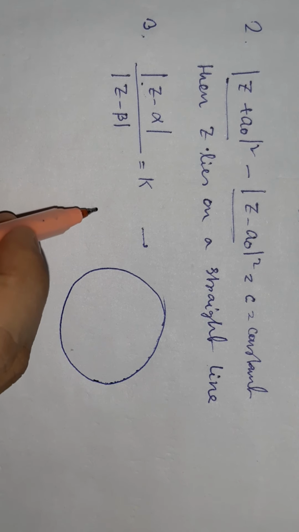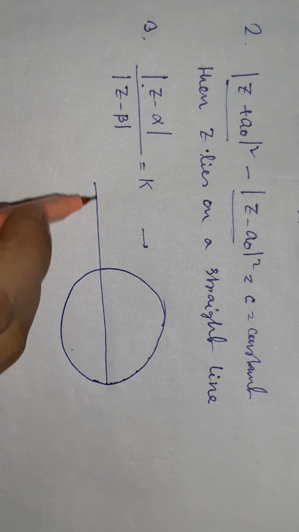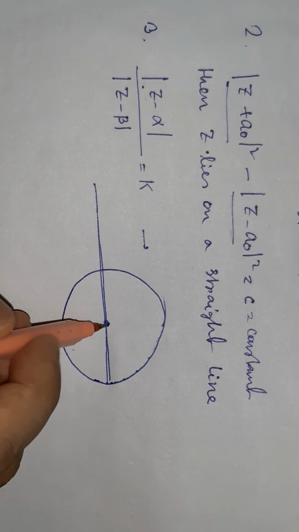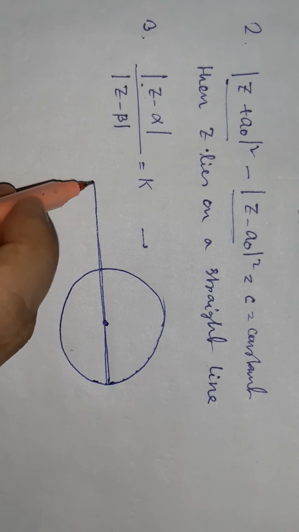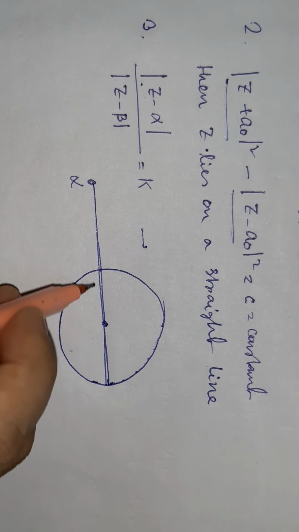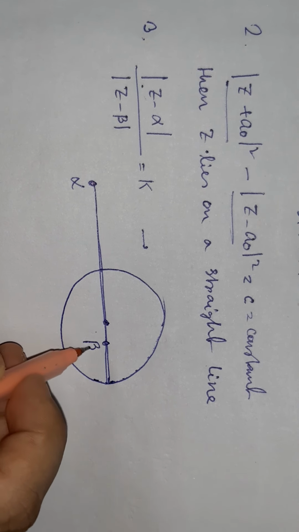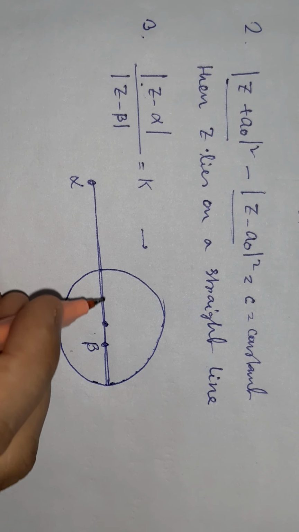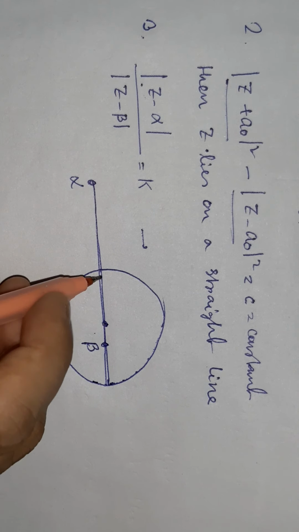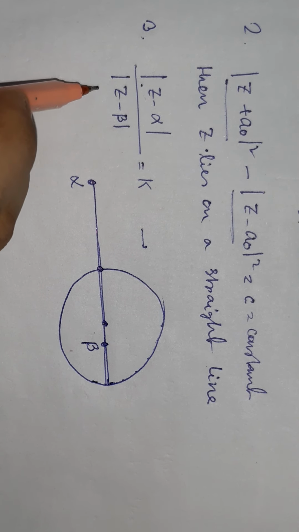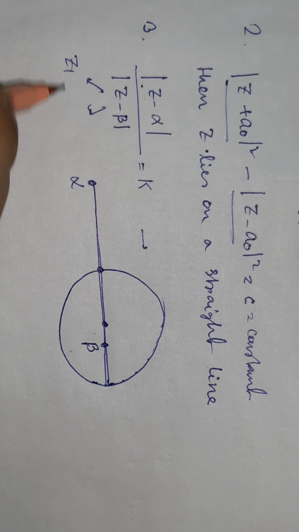Actually, take a straight line passing through the center, so this one is a diameter. If this is alpha and this is beta, then two points z1 and z2 will be on the circle, since this equation is satisfied by both z1 and z2.